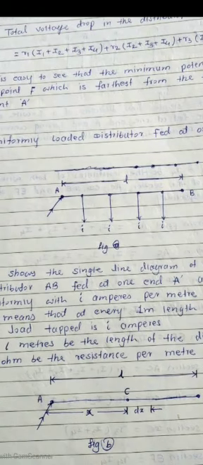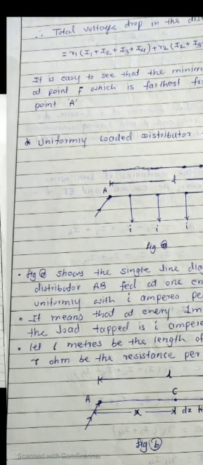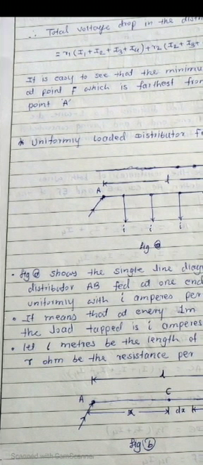As shown in figure B, let small l meters be the length of the distributor and small r ohm be the resistance per meter run.